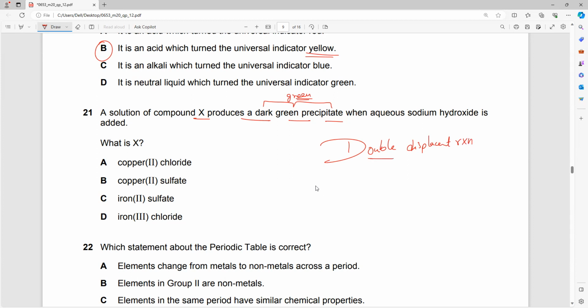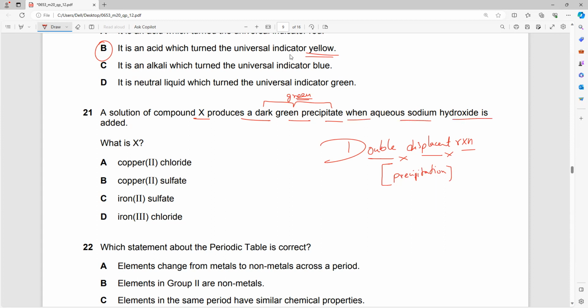Precipitate is forming. What is the type of the reaction? Double displacement reaction. And under double displacement, particularly it is the formation of a precipitate, so it is a precipitation reaction.